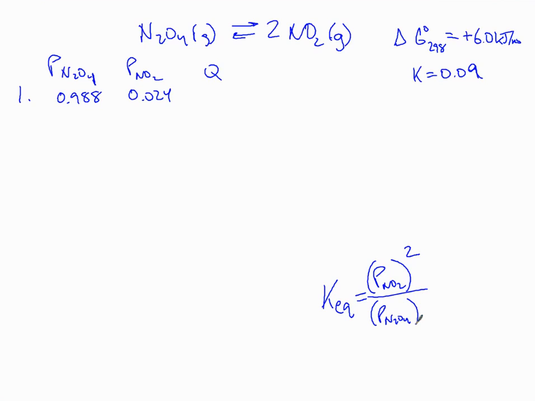What'd you get? Pretty close to 0? Yeah. Okay. So it says round to the nearest hundredths place, and so Q here is 0.00. And comparing Q and K, Q is 0.00, K is 0.09, Q is less than K. If I drew my number line, here's Q, here's K. Q is always trying to get to where K is.